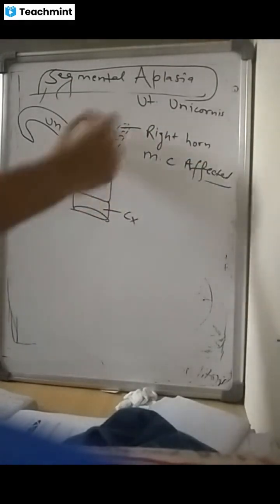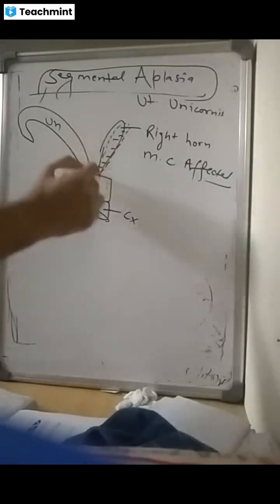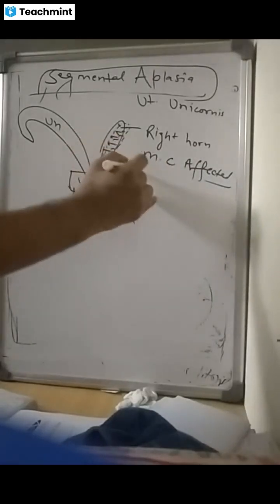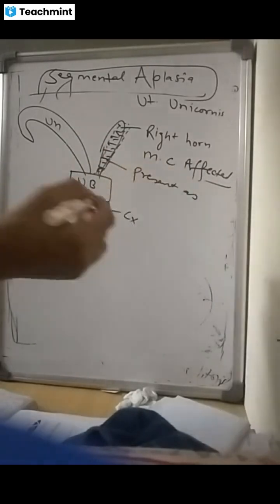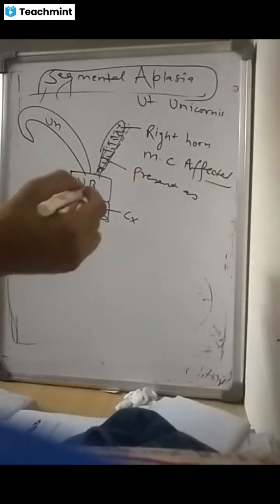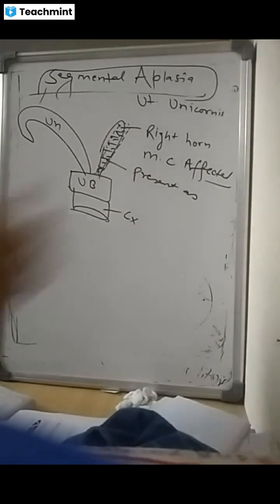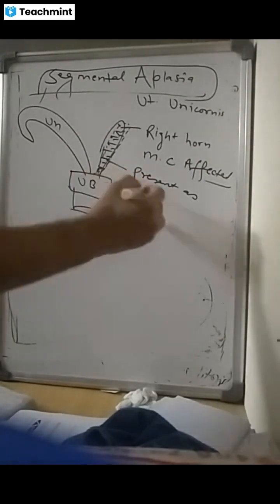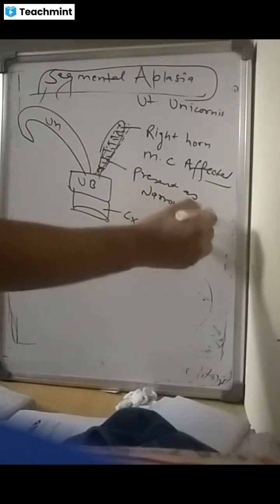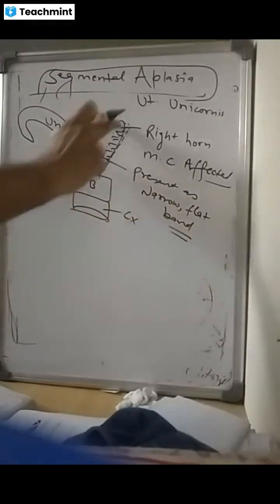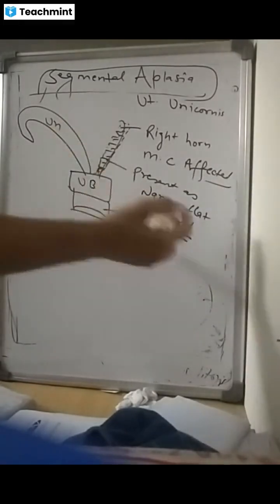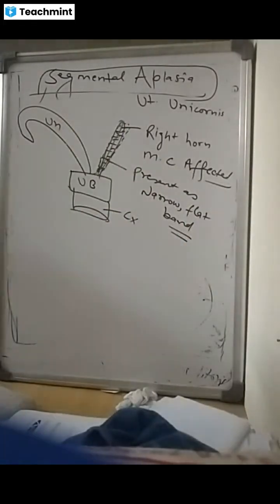So this is the right horn which is this. And this horn is present. This is non-functional, present as a flat band-like structure.